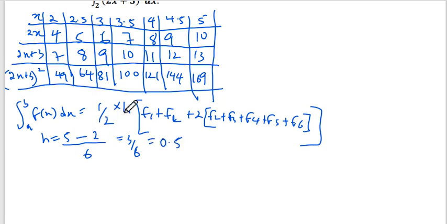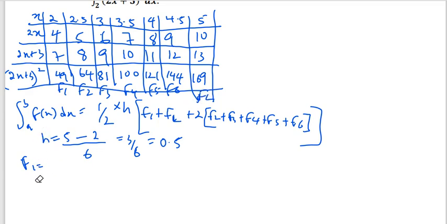So our width h is 0.5. Our f1 is 49, this is f1, this is f2, f3, f4, f5, f6, then f7, the value of the last ordinate.